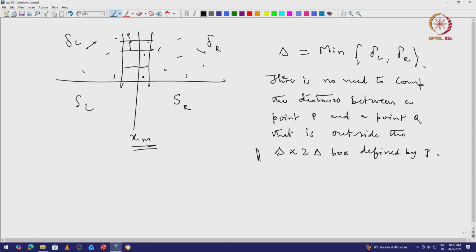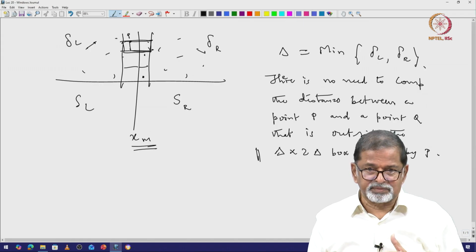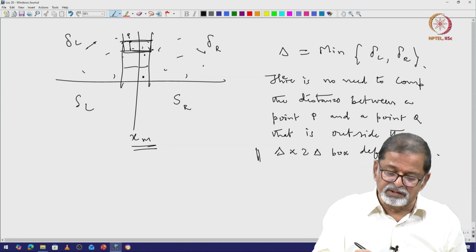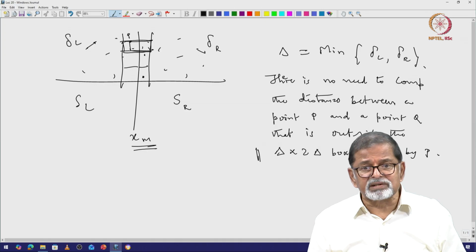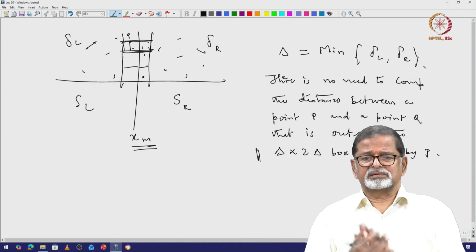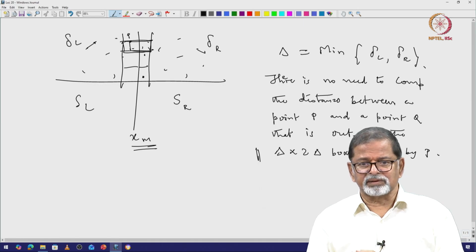This is P, this is the delta cross 2 delta box. The delta cross 2 delta box defined by P will have P on the upper edge of the rectangle, okay, and for the points within this, it is enough if you compute the distances. Anything that is outside, it is not necessary.